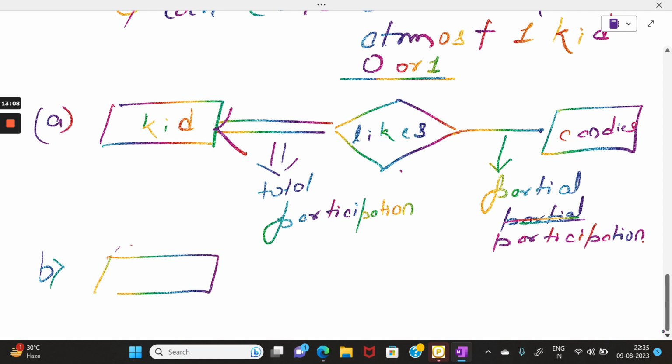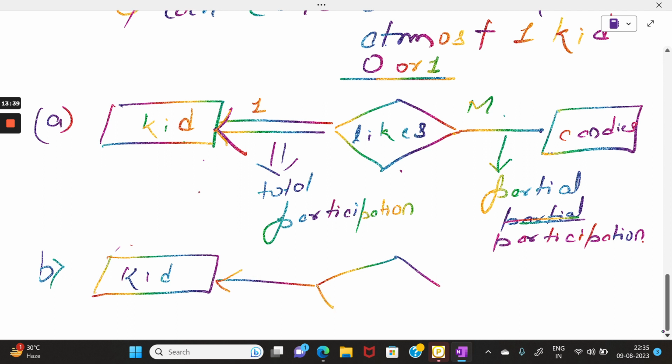This is kid. Then we have this, and this arrow indicates 1 to M. One kid can like zero or more candies, but one candy would be liked by zero or more kids. Candies can be liked by the kid or cannot be liked by the kid.